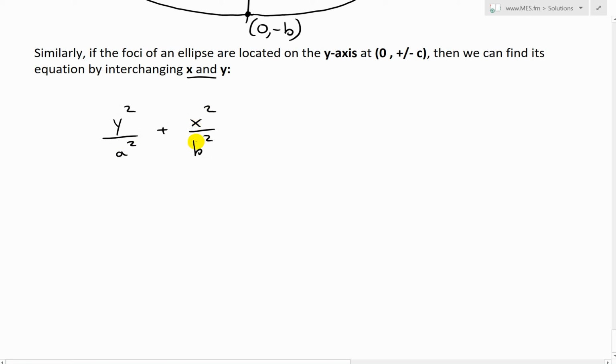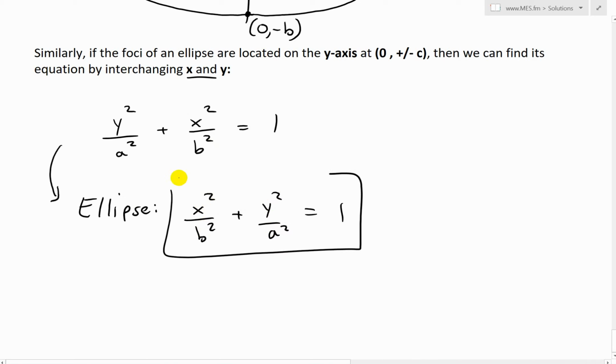So now we have x over b and y over a. When we put this all together, I'll write this in a summary format similar to above. Usually you have x squared over b squared first, and then y squared over a squared, equals 1.